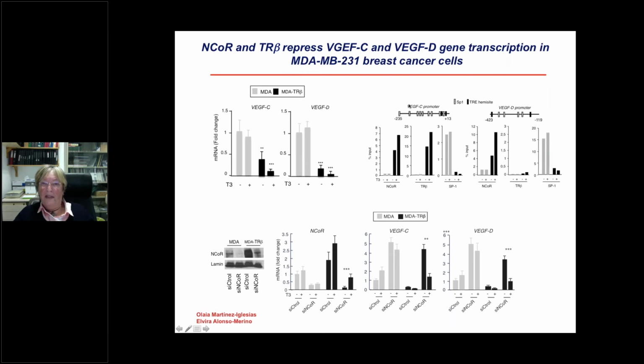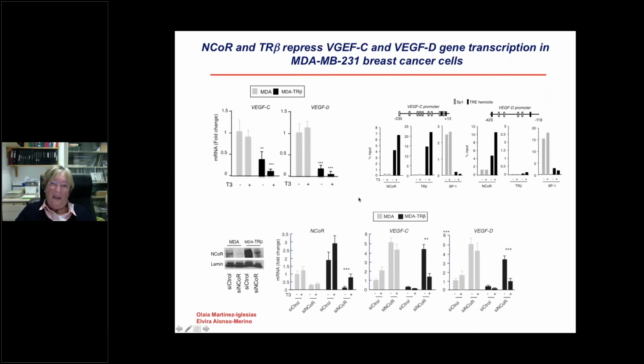And we observed that in the promoters of both vascular endothelial growth factors, there are putative thyroid hormone response elements, and also an SP1 binding site, and that NCOR binds very strongly to this promoter, and TR-beta also, mainly to the VEGF-D promoter, and that when NCOR and TR-beta are overexpressed, SP1 is gone from the promoter.